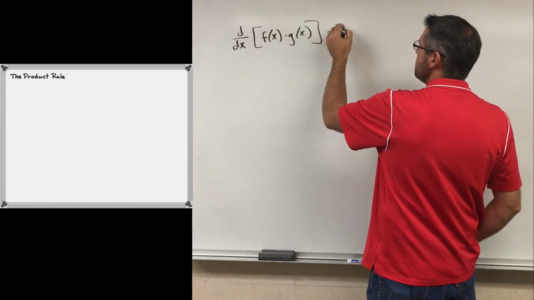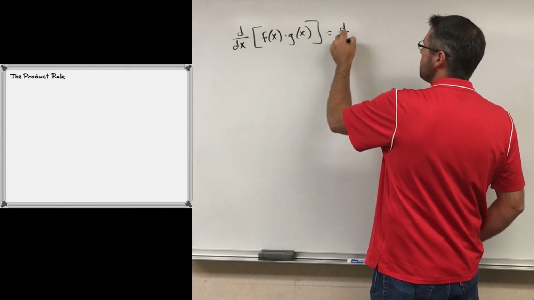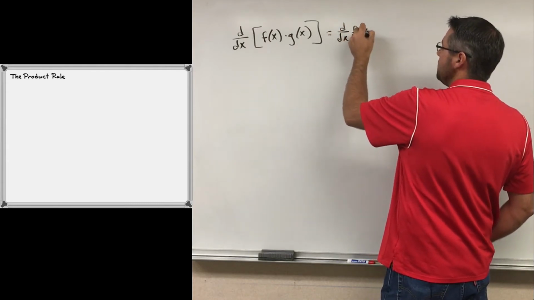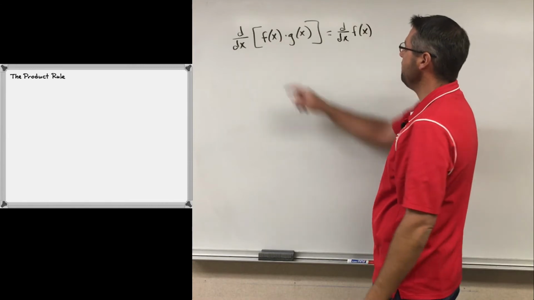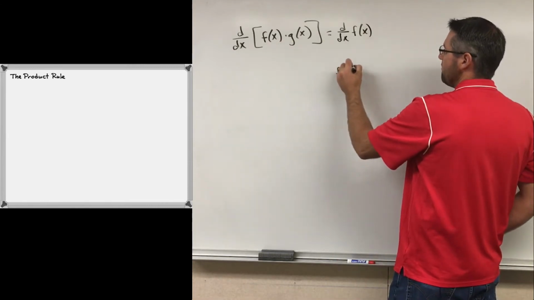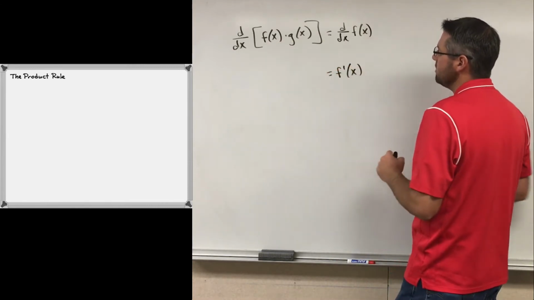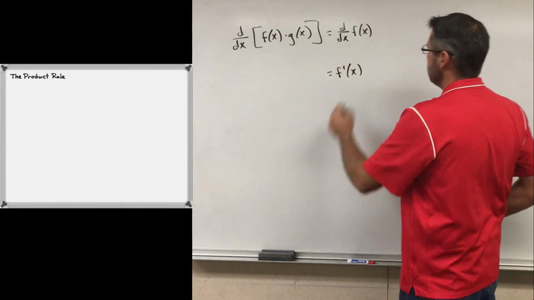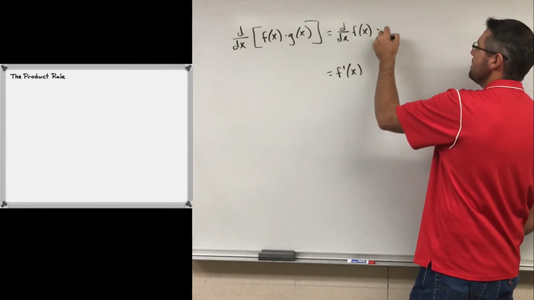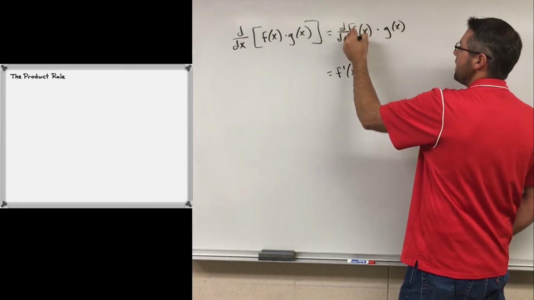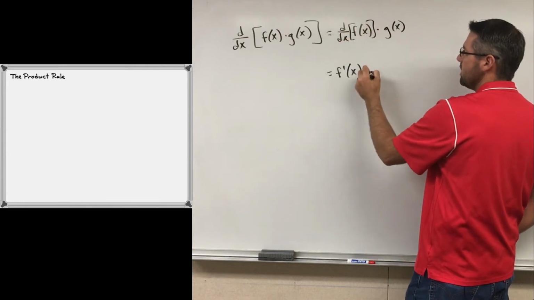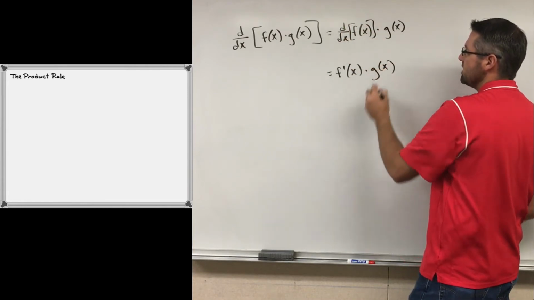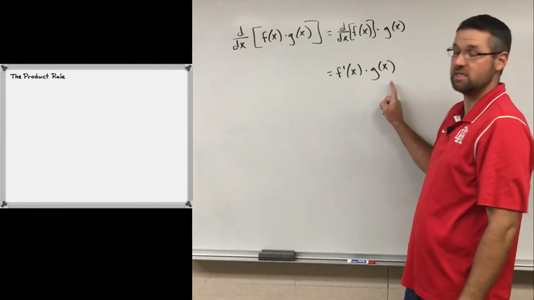The first thing is, you say the derivative of the first thing, so it's the derivative of f. We'd also call that f prime of x, by the way. That's just another way of writing it. So the derivative of the first thing times the second thing. So I should probably put brackets around this. Notice I did not take the derivative of the second thing.